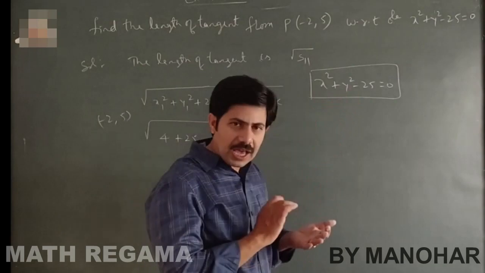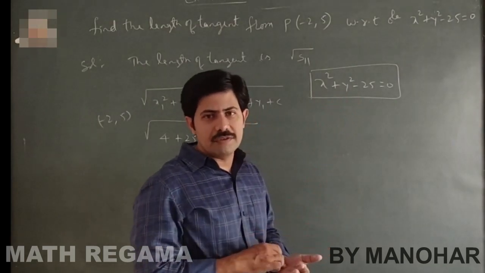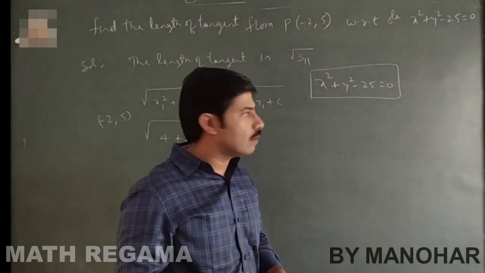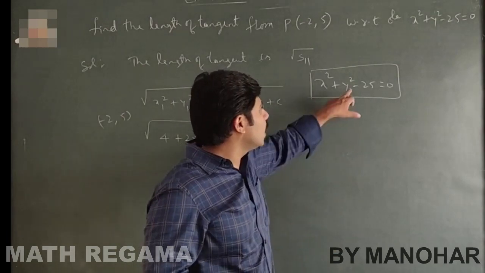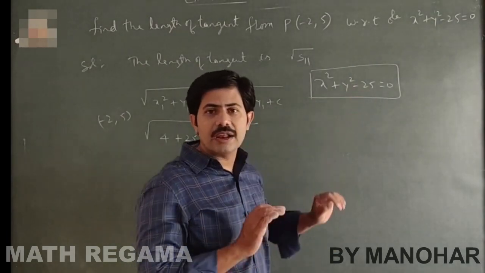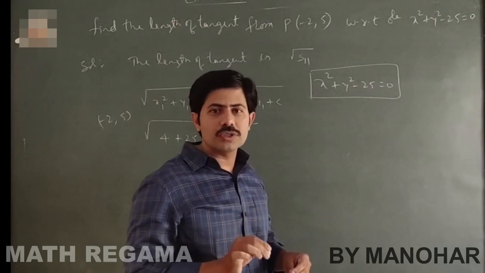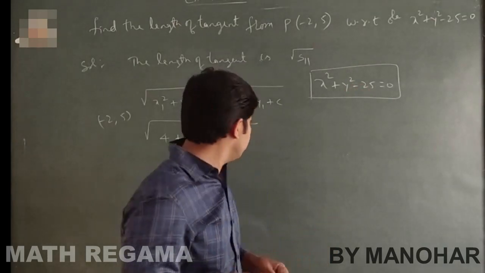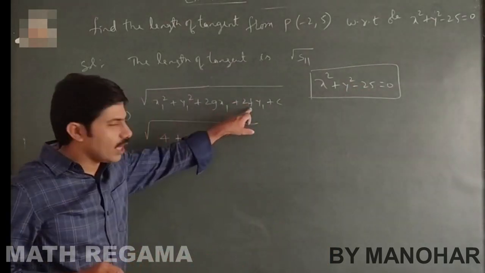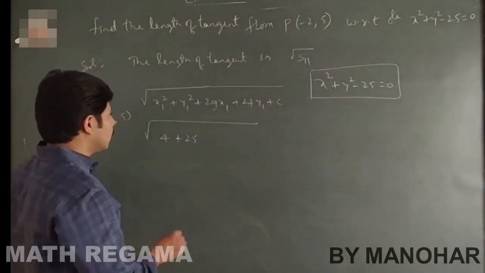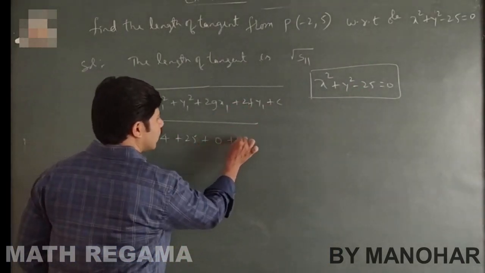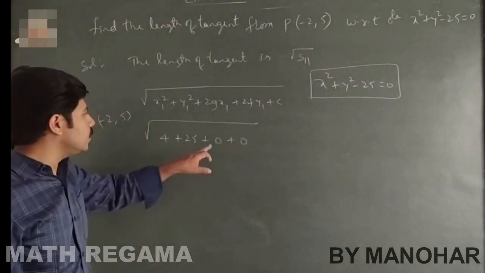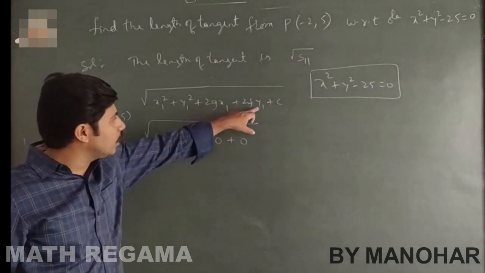If we have an x term we can get the g value, and if we have a y term we can get the f value. Here the x and y terms are not there, so those coefficients are 0. That means g is 0 and f is also 0. 0 into anything is 0.